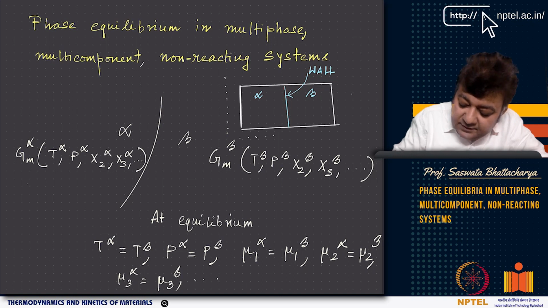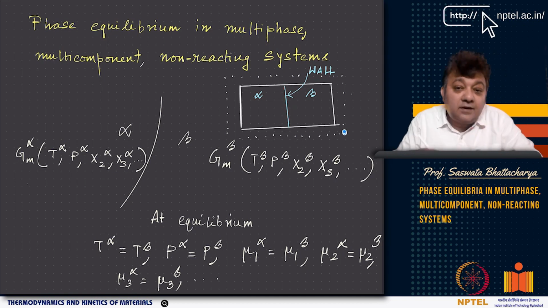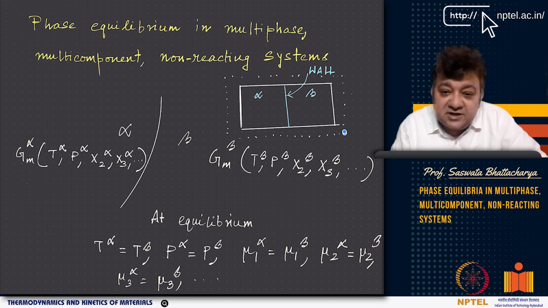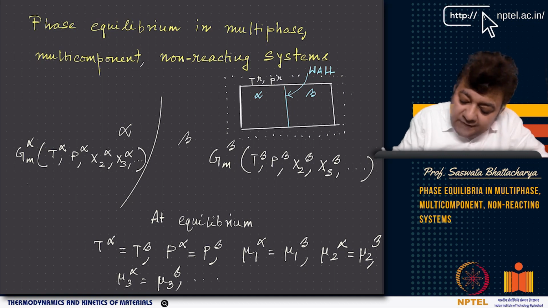The surrounding is nothing but a reservoir of temperature and pressure, that is, a thermal and mechanical reservoir, with properties TR and PR. Alpha and beta are both in equilibrium with that.